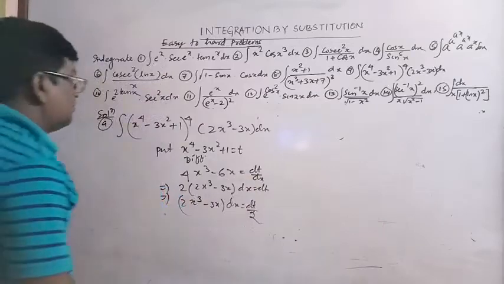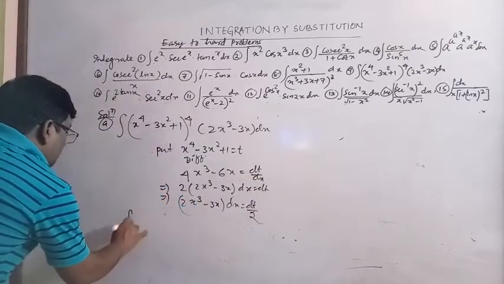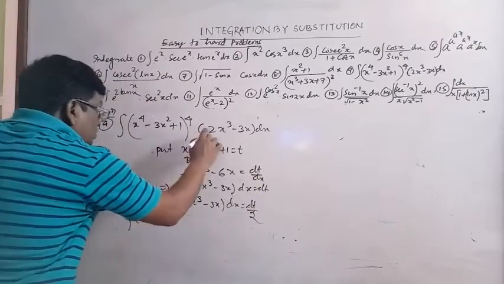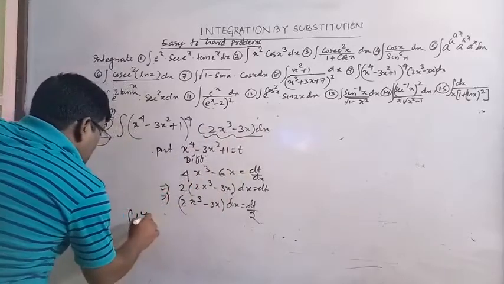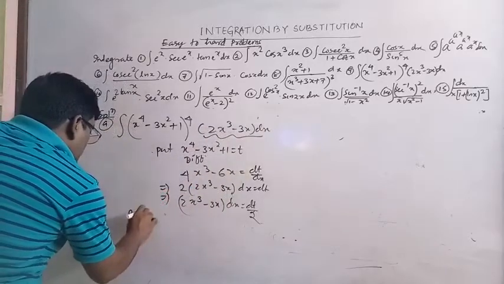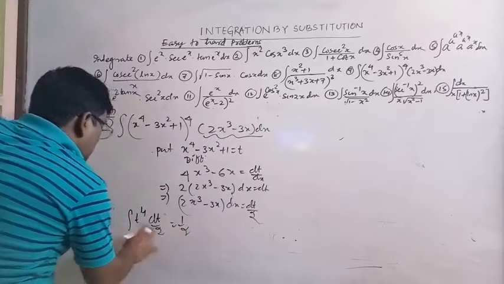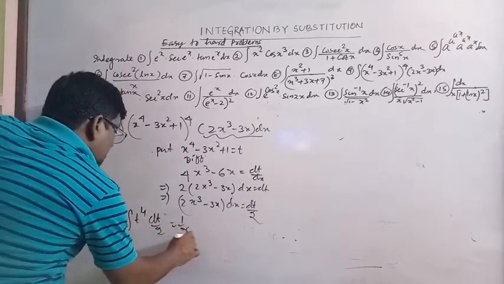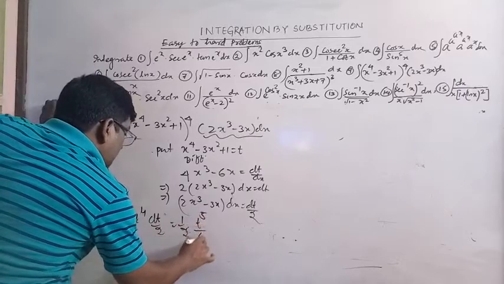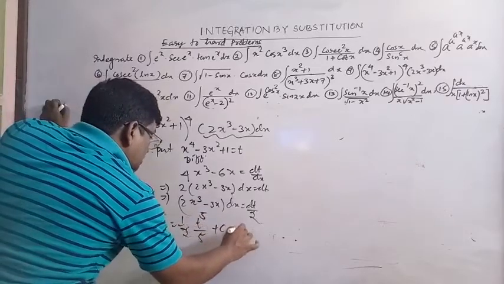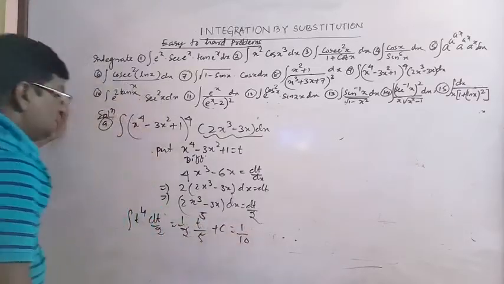So this will be t to the power 4 into dt by 2. So 1 by 2 is a constant, and t to the power 5 by 5 plus c, that is equal to 1 by 10 t to the power 5.